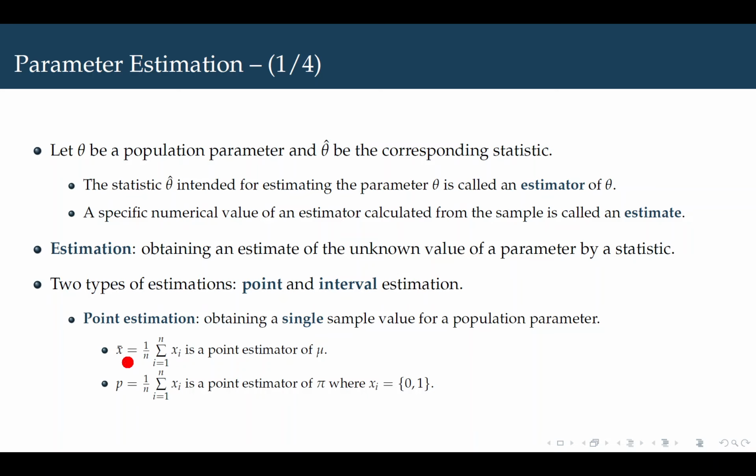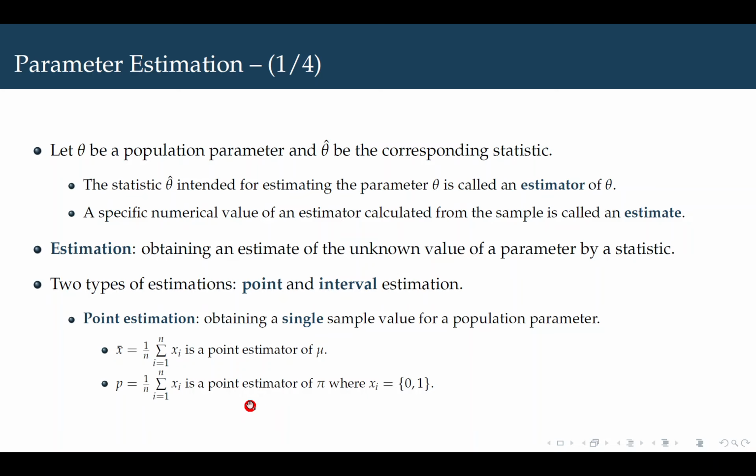On the other hand, if we are interested in the population proportion pi, the estimator, let's say the sample proportion p, equals 1 over n times the sum of xi, where xi is a binary variable taking values, let's say, 0 and 1. So here p, or the sample proportion of, let's say, successes or the sample proportion of ones, is a point estimator of pi.